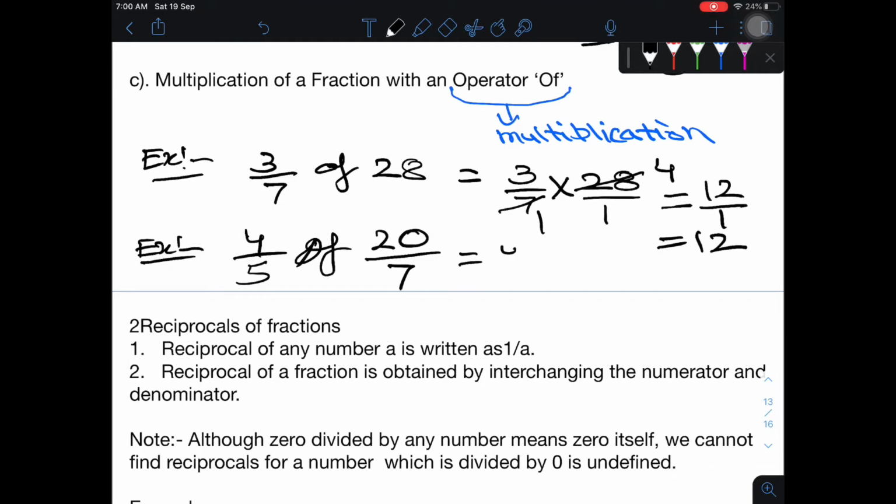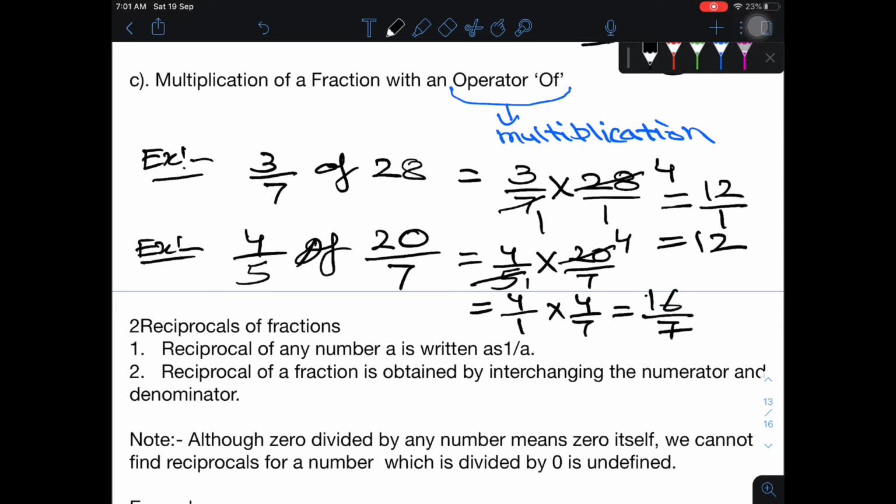Just simply write 4 by 5 multiply 20 by 7 and 5 fours are 20. Do the simplification. 5 fours are 20, and now write like this, 4 by 1. After simplification, write both the fractions, 4 by 7, and do the simple multiplication. 4 fours are 16 by 7.